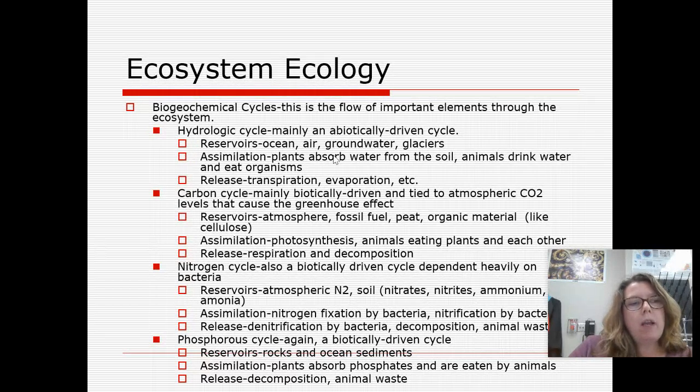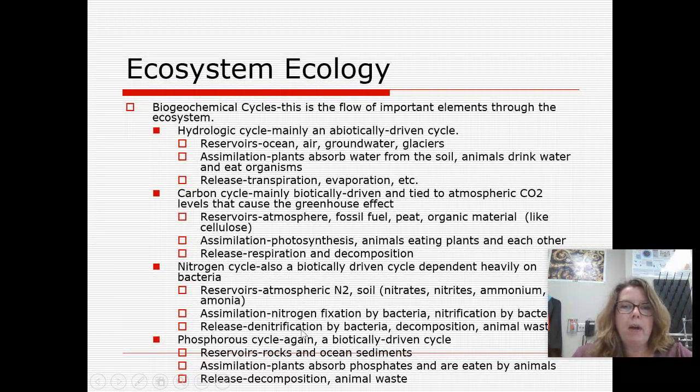Carbon cycle and nitrogen cycle, you saw both of those in baby bio. And you probably at least saw carbon cycle in earth science or APES as well, right? So the difference really is, are the cycles biotically driven or abiotically driven, right? Water cycle is mainly abiotically driven.